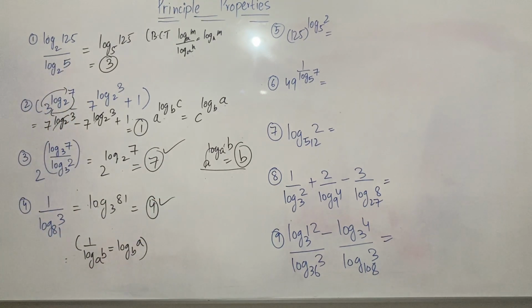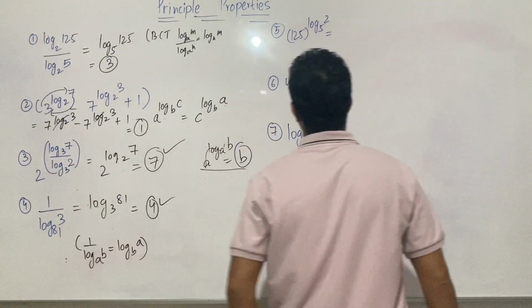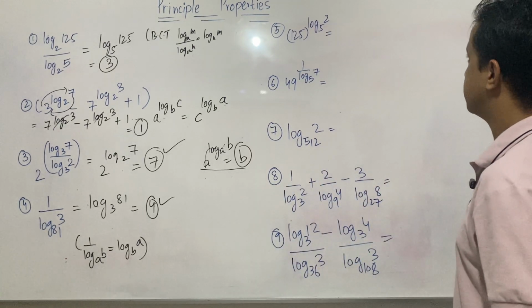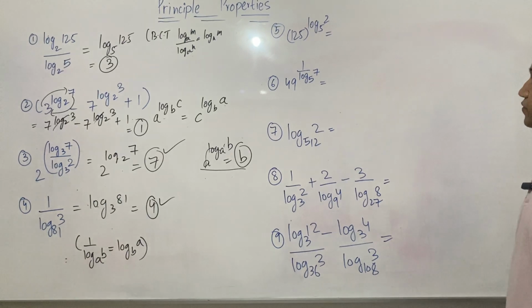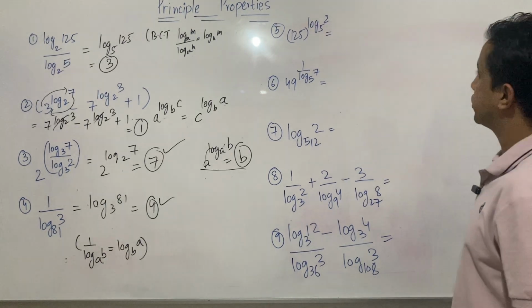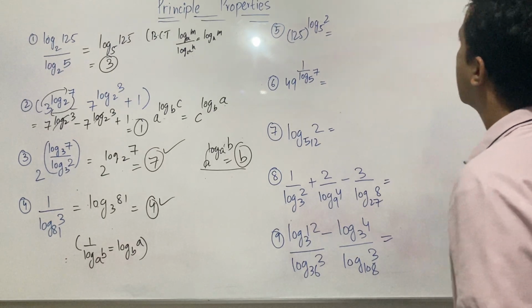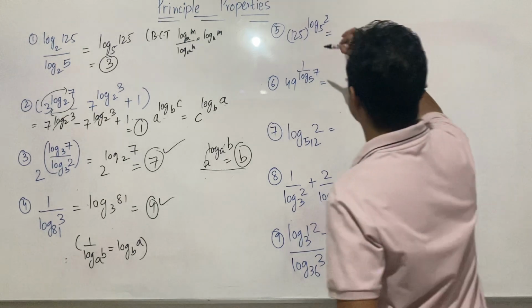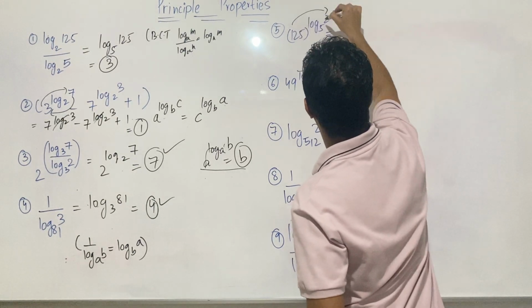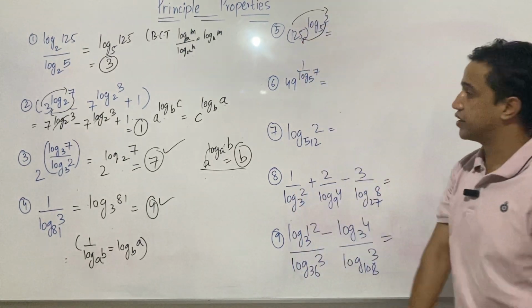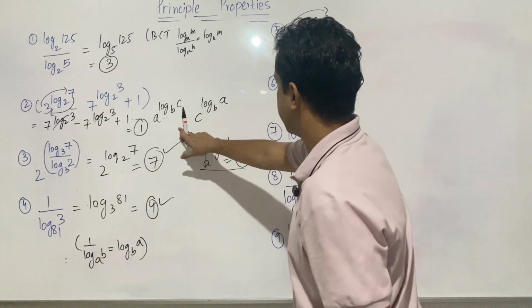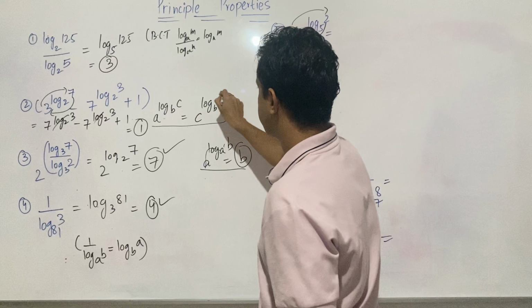Okay, now go to the next, 125 raised to the exponent log 2 base 5. Okay, this thing, what we can do here is, what if this goes here and this comes here, right? So we can use which property here? We can use this property, right?